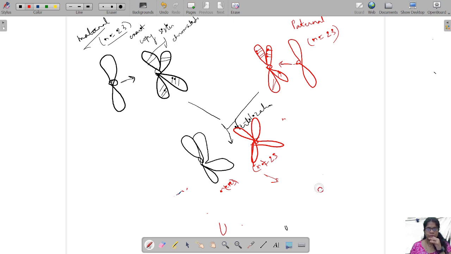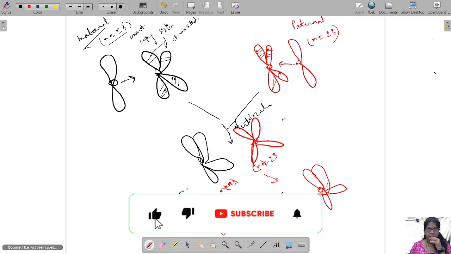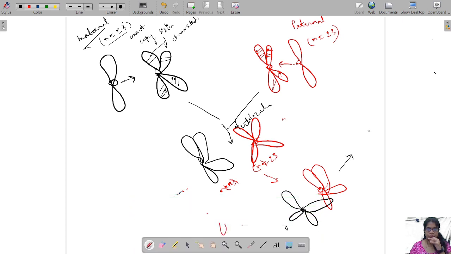Now, crossing over is where genetic recombination is happening.